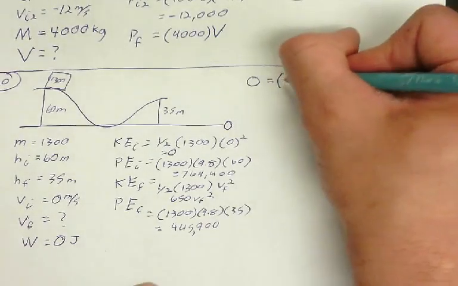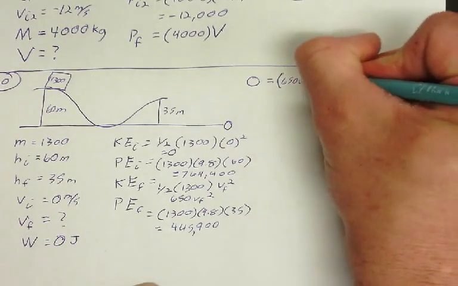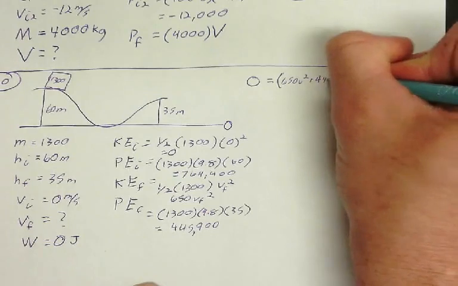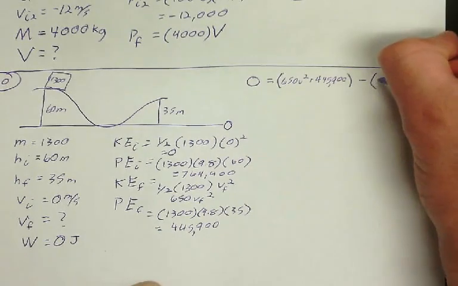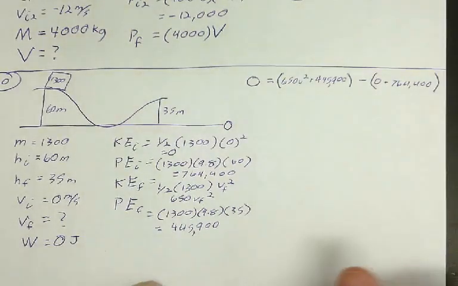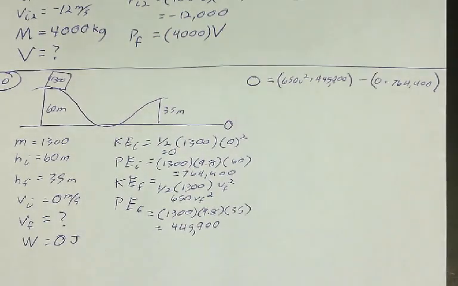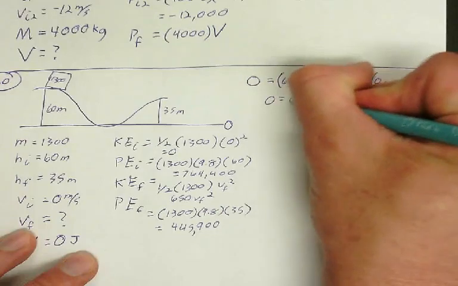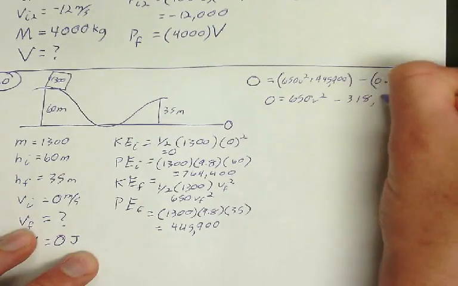So final kinetic plus initial, so 650 V squared plus 445,900, and then 0 plus 764,400. So this is going to be a negative number, so I'm going to subtract that from this. Gives me 0 equals 650 V squared minus 318,500.